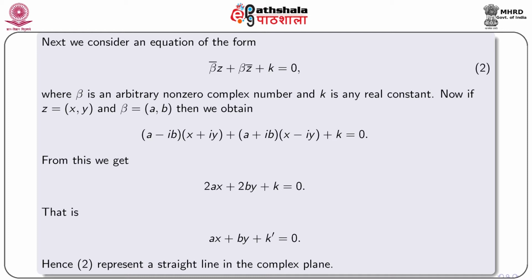From this, simplifying, we can get twice ax plus twice by plus k equal to 0, and that gives ax plus by plus k dash equal to 0, where k dash is equal to k by 2. Therefore, the above equation represents a straight line in the complex plane.